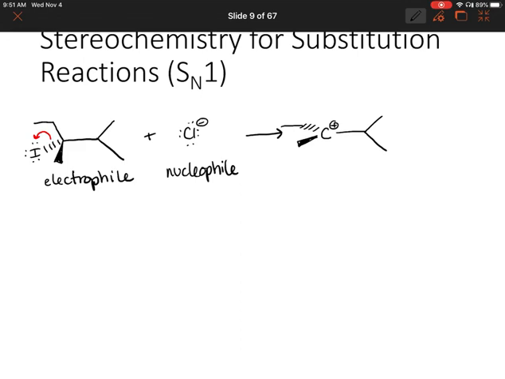Okay, so then the iodide ion will still be kind of hanging out nearby. And then we have our chloride ion.